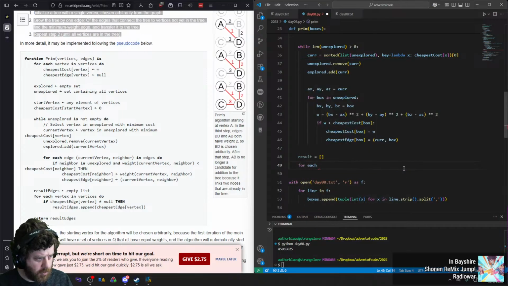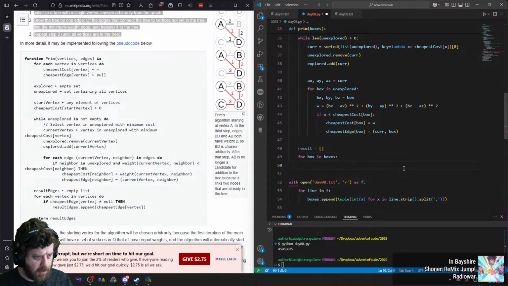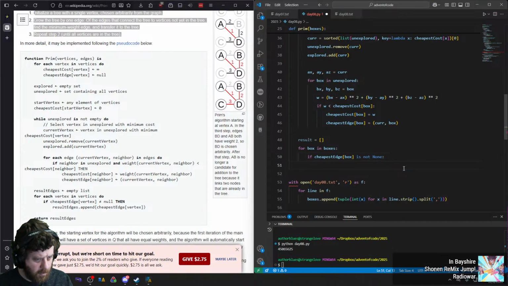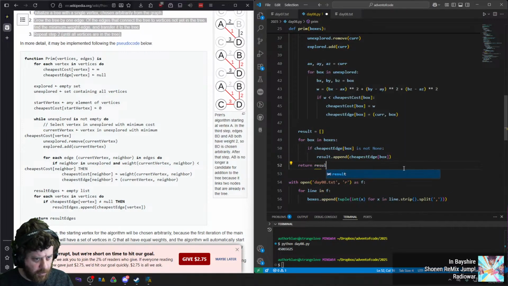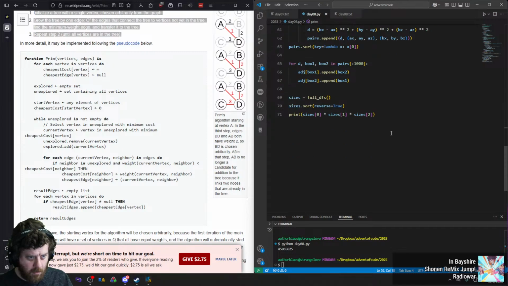For each box in boxes. Why did I write each? For box in boxes, if cheapest edge to box is not none, then result append cheapest edge to box. Return result. Yeah, buddy, me too.